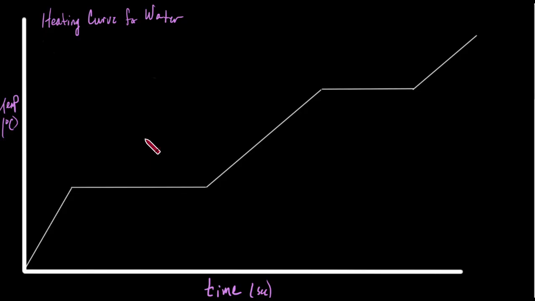So we're consistently adding energy into it in order to get this effect in the curve. Does that make sense? So we have a constant rate, a constant amount of energy per second.